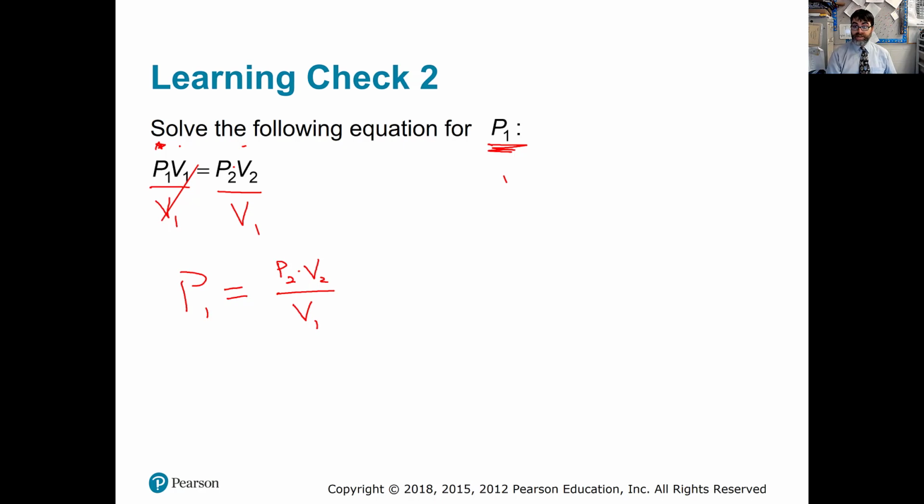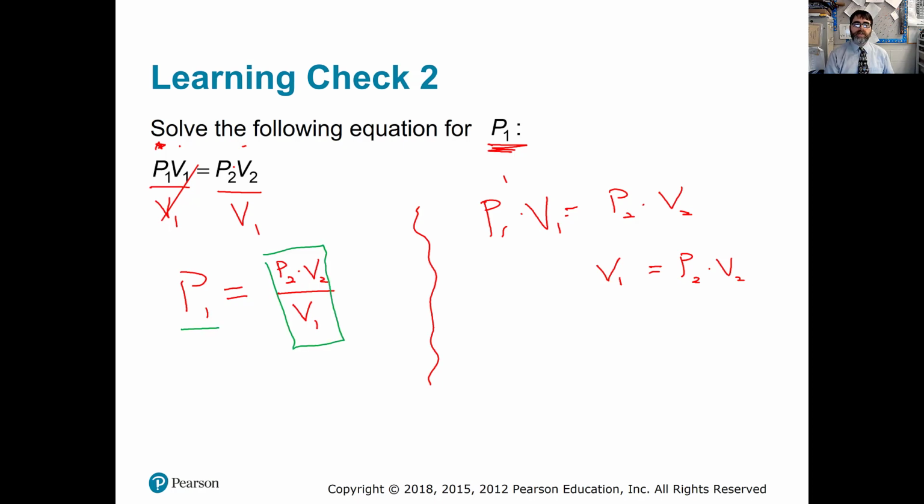Now, substituting this one in and solving for it and proving that this is correct is a little ugly, but I'm going to go ahead and do it just to show you that you can. So if this is correct, if P1 is equal to that, then if we start with the original equation again, P1 times V1 is equal to P2 times V2. Well, I'm still going to have P2 times V2 over on this side, and I'm going to have V1 over on this side, but I am going to be substituting this for P1 over here.